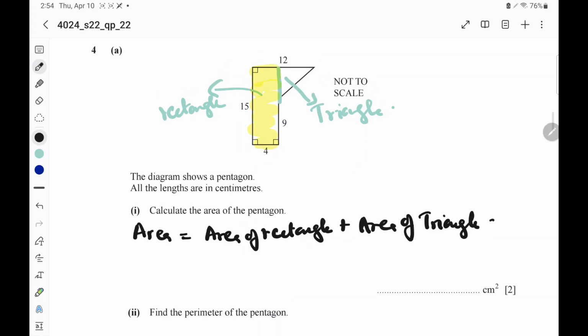But for the triangle we need to find out half base into height, means base is there but the height is not there. Okay, so this is 4, so this much will also be 4. The remaining part is 12 minus 4, which is equal to 8. And this we don't know. And perimeter means adding all the lines. So we don't want this side inside, but to find out the hypotenuse we'll have to calculate.